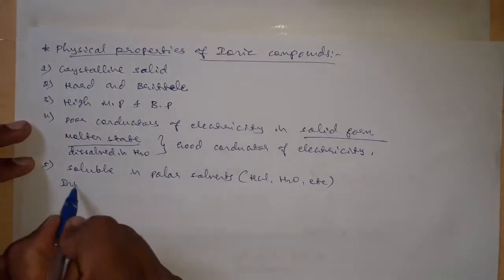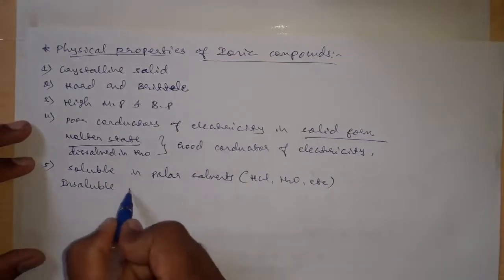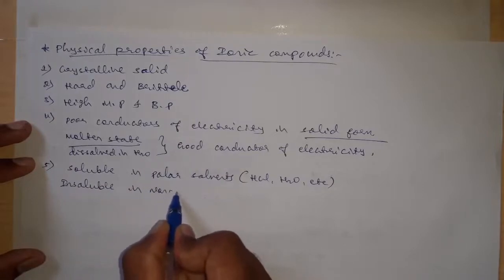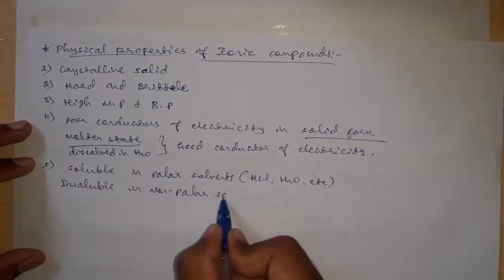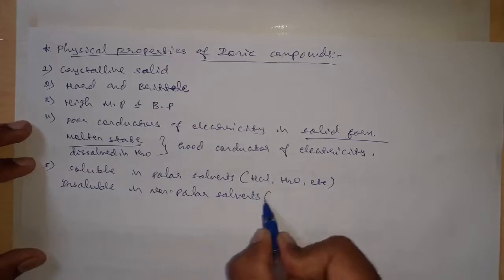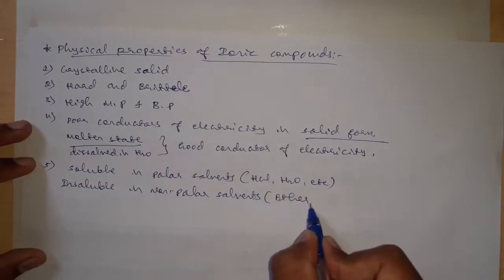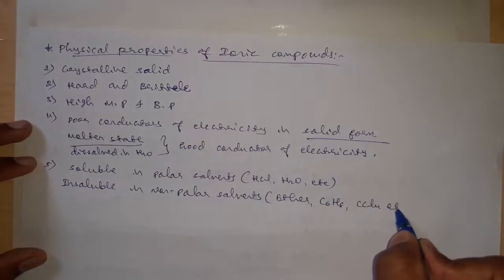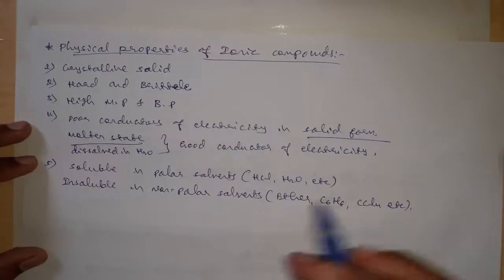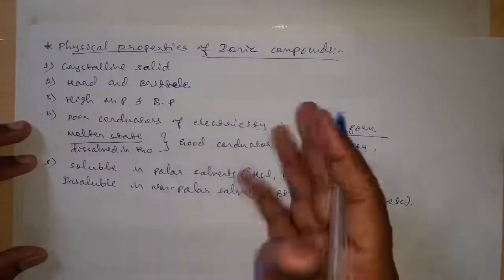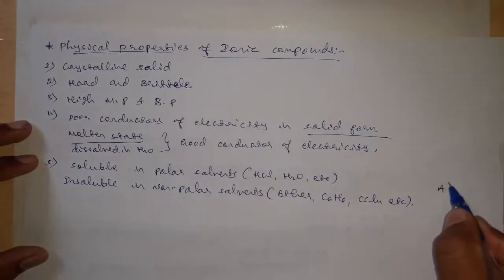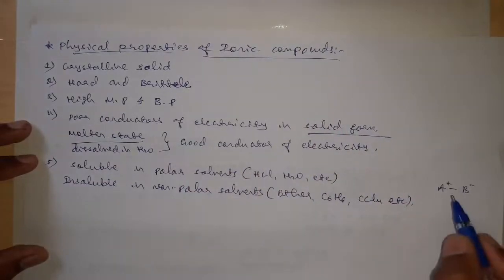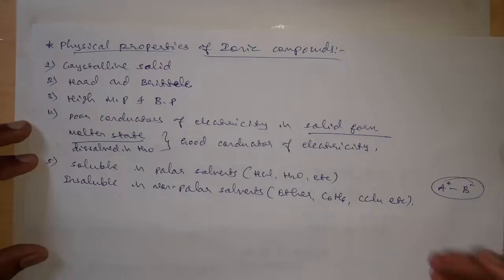But they are insoluble in non-polar solvents like ether, benzene, carbon tetrachloride, etc. Why? We know that these ionic compounds are polar in nature because they have a positive pole and a negative pole, and we know that like dissolves like.